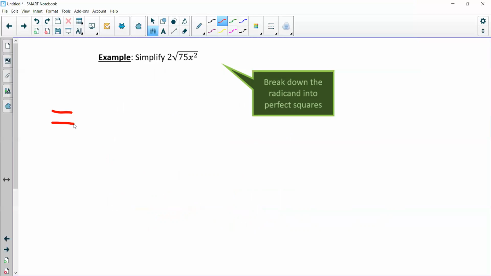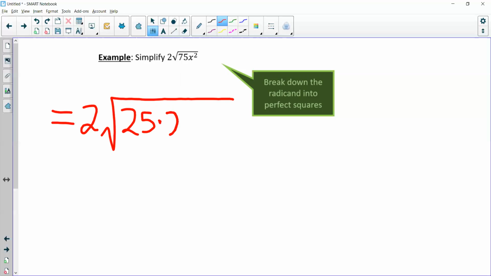So this can give me 2 times square root of 25 times 3 times x squared. So the 75 became 25 times 3.